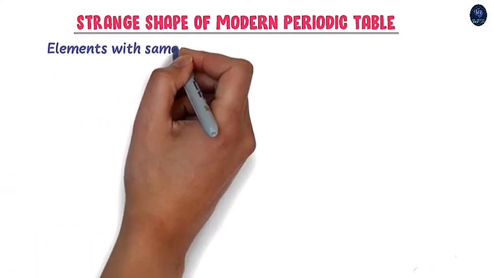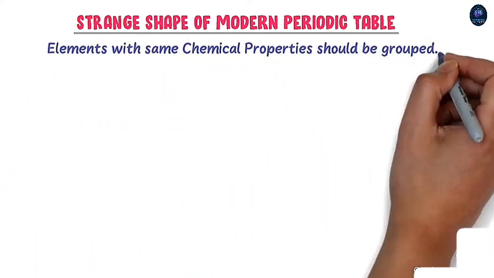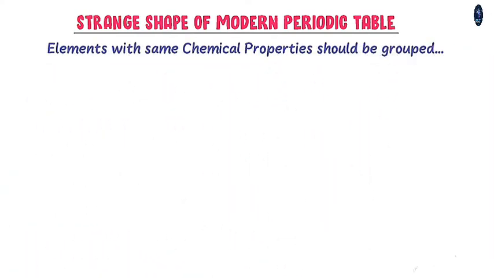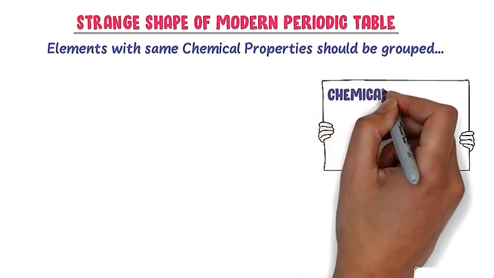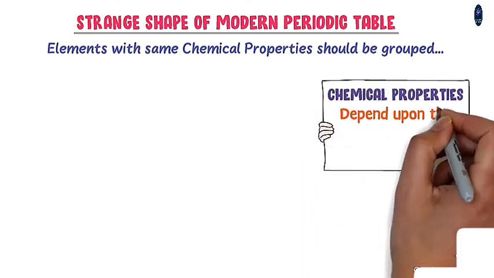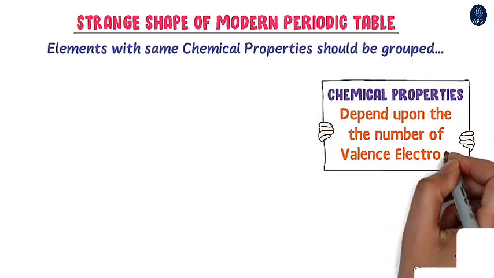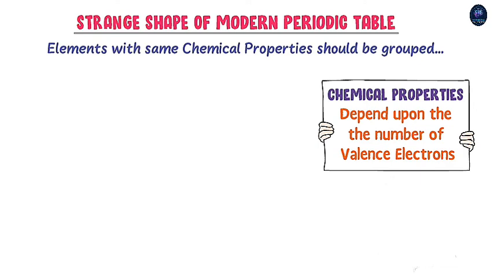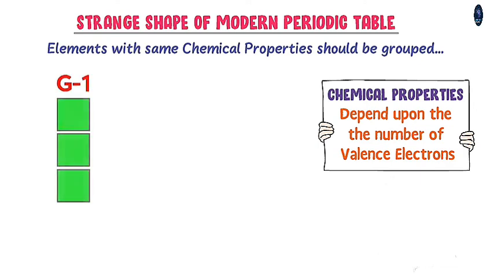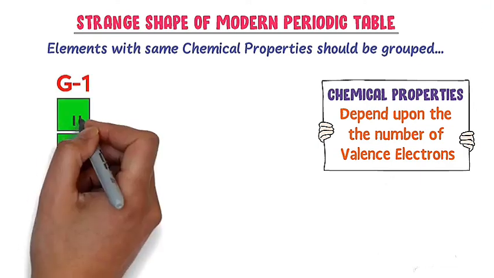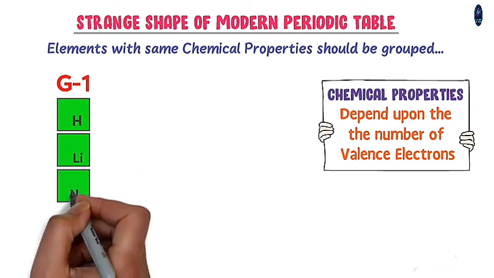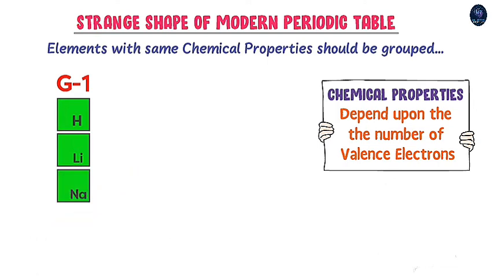Well, Moseley ensured that elements with the same chemical properties should be placed together in one group. Note down that chemical properties depend upon the number of electrons in the valence shell. For example, consider the group 1 elements like hydrogen, lithium and sodium. The atomic number of hydrogen is 1, the atomic number of lithium is 3 and the atomic number of sodium is 11.